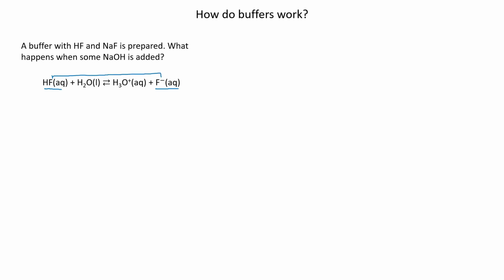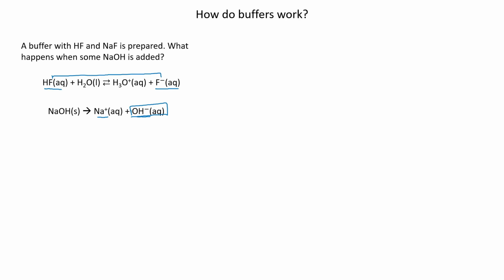So when I add sodium hydroxide to the solution, I am adding both sodium ions and hydroxide ions. I don't really care about the sodium ions. They're just spectator ions. They have no acid-base properties, but I am very interested in my hydroxide because that definitely has acid-base properties. So hydroxide is a strong base.